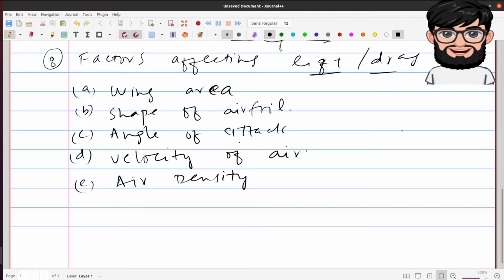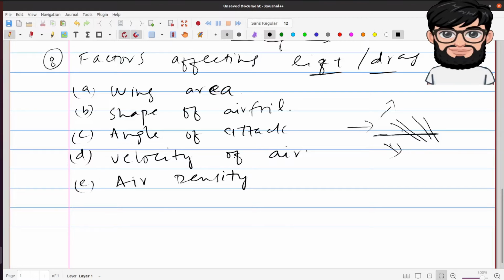So again, if this is the horizontal axis of the plane, the more inclined the wing is going to be, both the uplift and the drag are going to start increasing. So angle of attack, and then velocity of the air. An increase in velocity of air passing over the wing increases lift and drag.